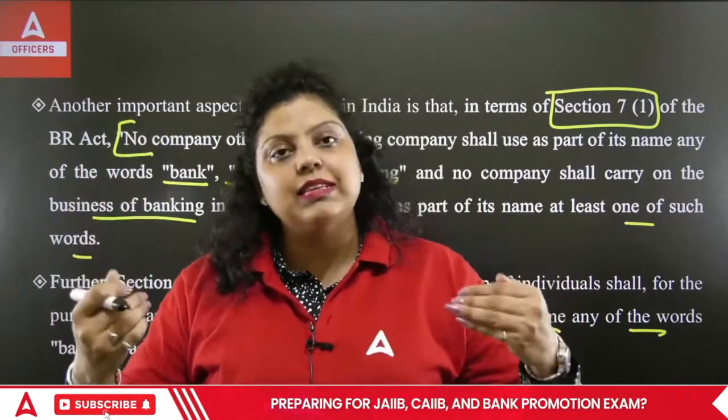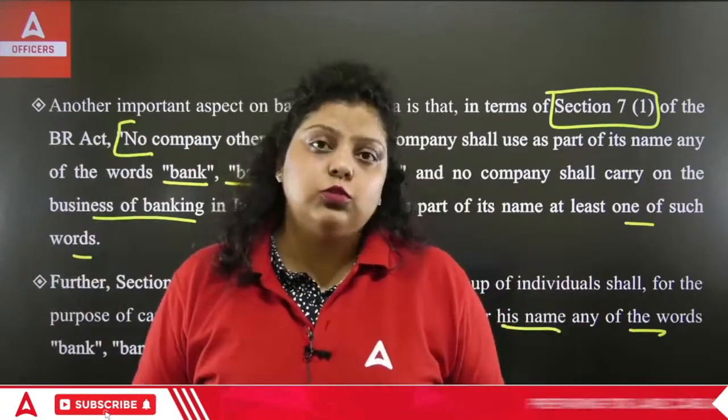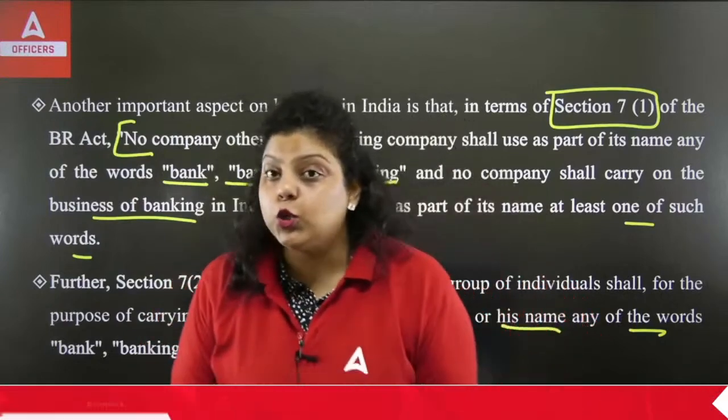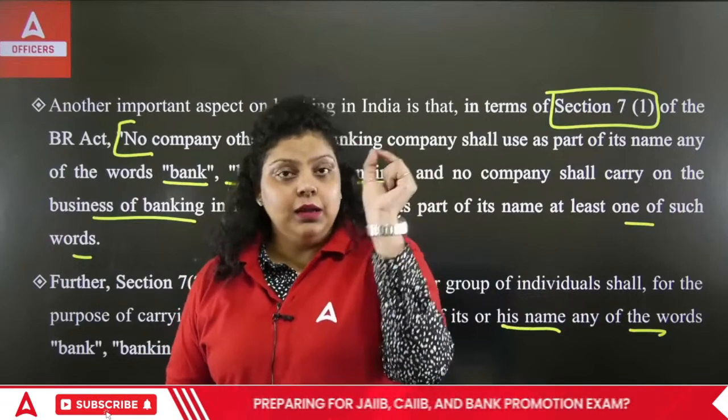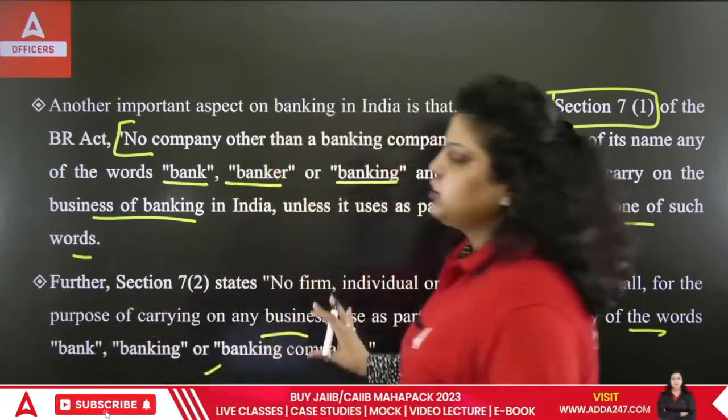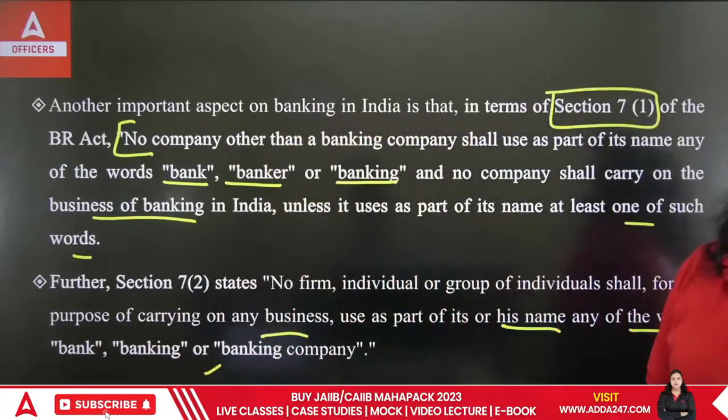Obviously, we use that money to provide our own services to customers. So Adda247 cannot use the name bank, banking, banking company or banker. This is what the simple sections of this topic are talking about.